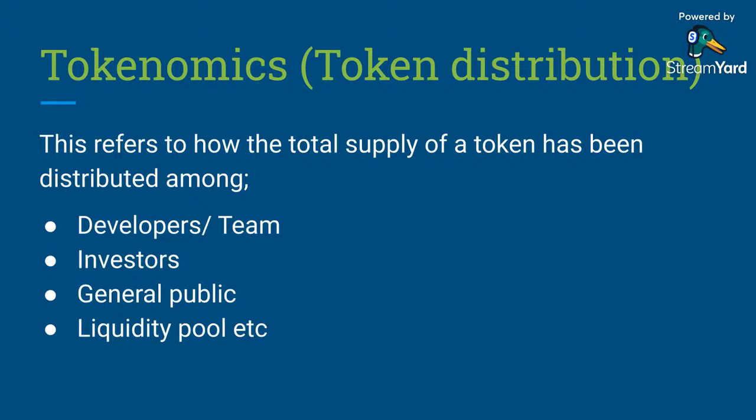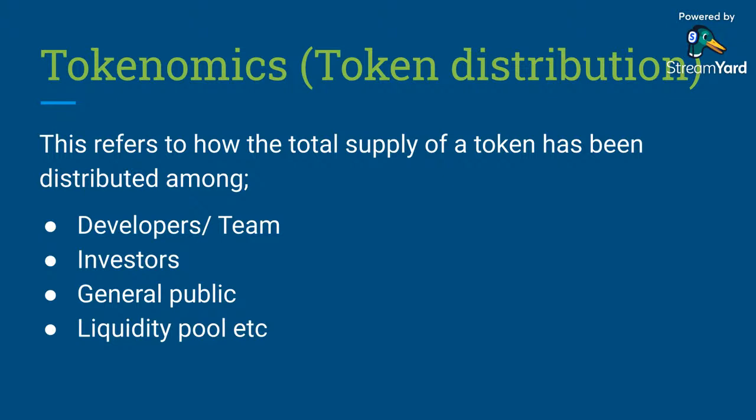If during the distribution you discover that investors have 40%, maybe they offered 40% of the entire crypto that was available in the pre-sale, it is trying to tell you that just a very few people have control over 40% of that particular cryptocurrency. So it is liable to pump and dump.